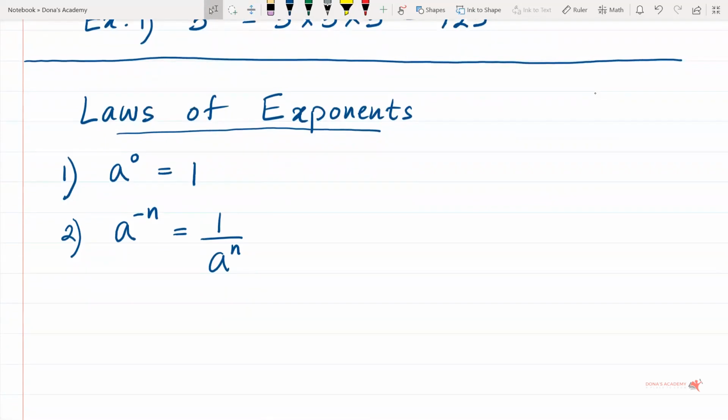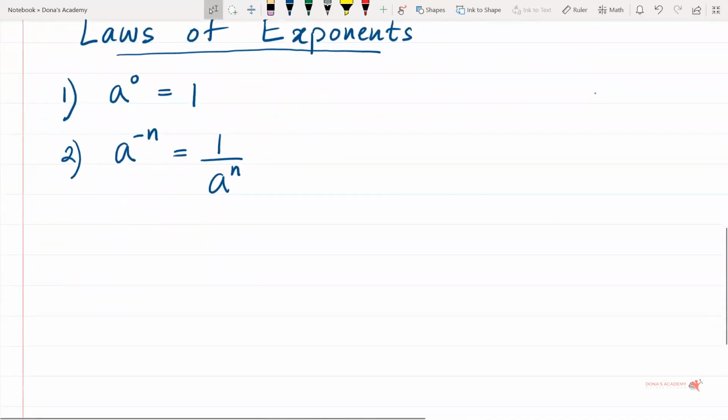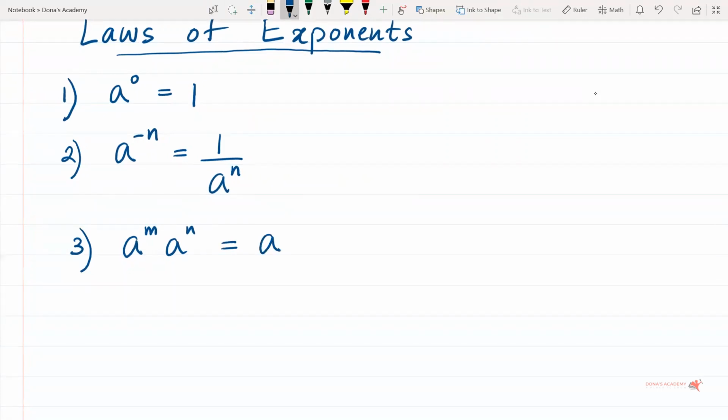The third one is, if we are taking two powers of the same base and multiplying them together, a to the power m times a to the power n, then this is the same as a to the power m plus n. So we are adding these two powers if we have the same base.